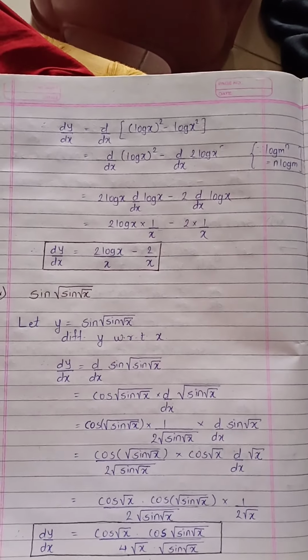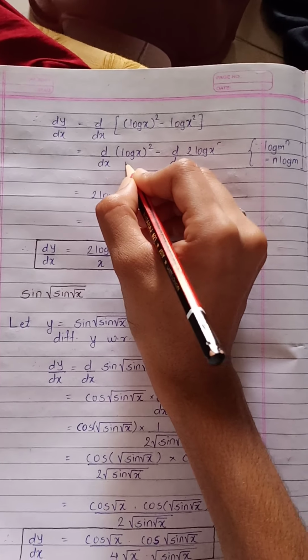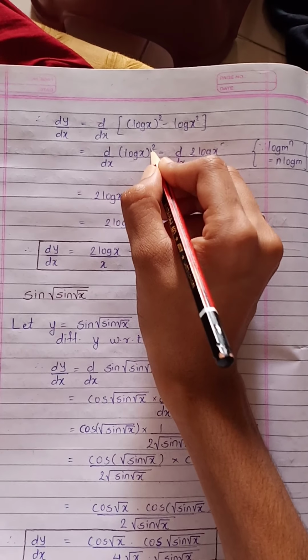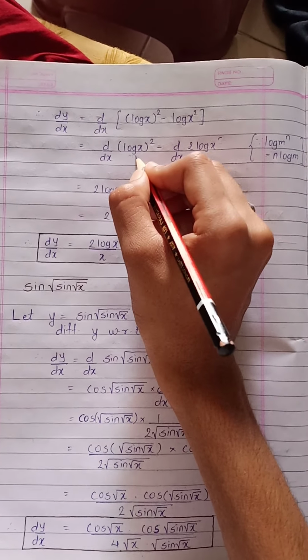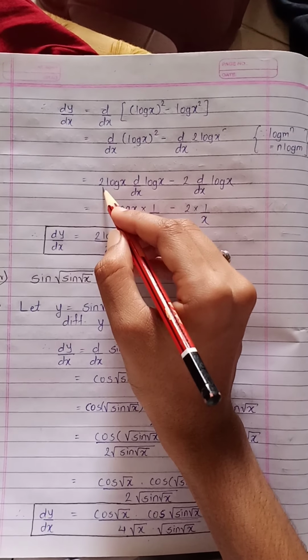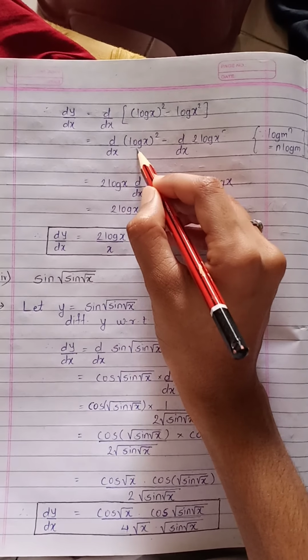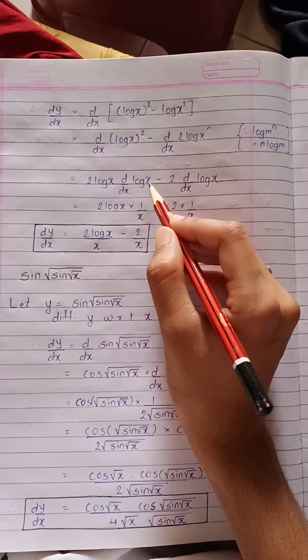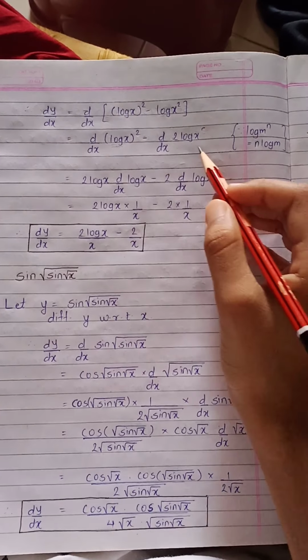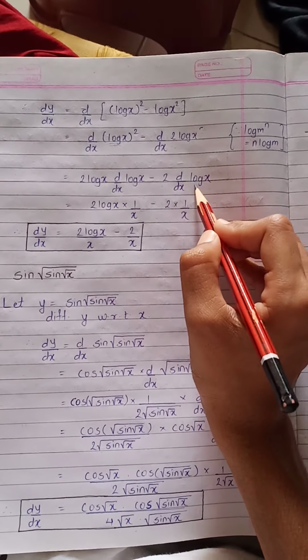Now here, first of all, it is of the form, suppose this is u, so it is of the form u square, right? So we will use the derivative of x raised to n first, which is 2x, so here it is 2 log x, and in multiplication the derivative of this log x. And here as this 2 is constant, write this and take the derivative of log x only.